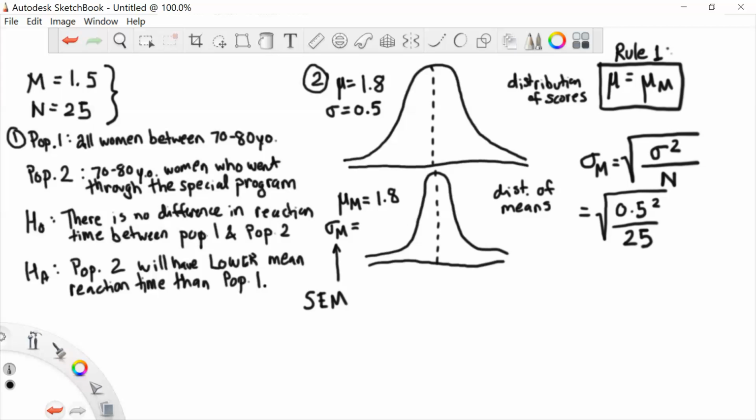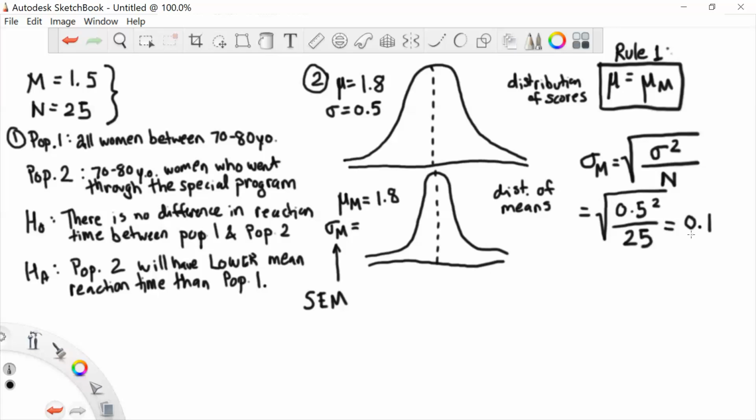So if I did this correctly, so if I'm not mistaken, this is 0.1.